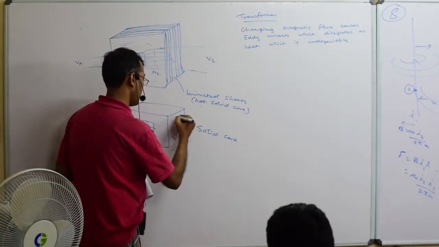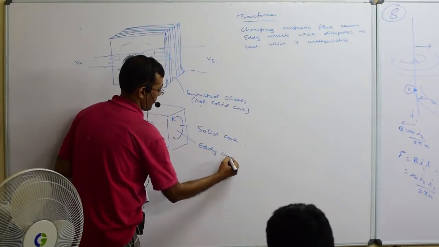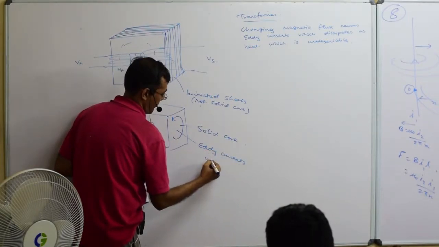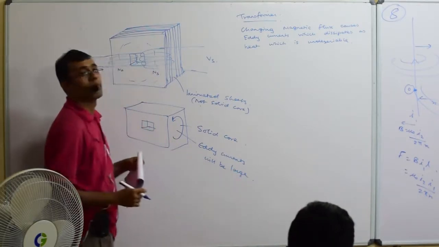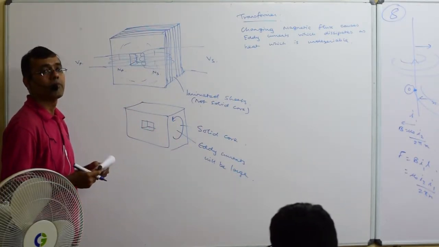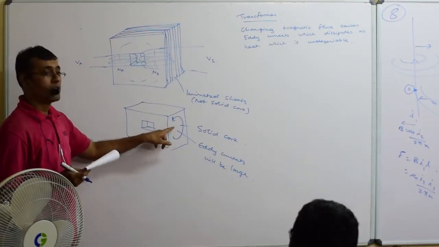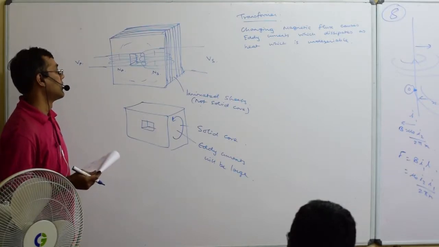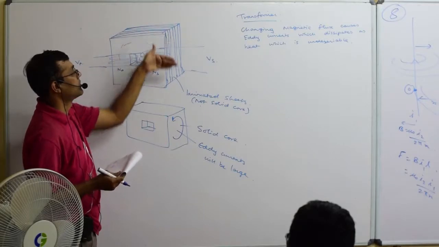So the eddy currents will be produced here. So to reduce these eddy currents, right? The technique is we have to use laminated sheets.